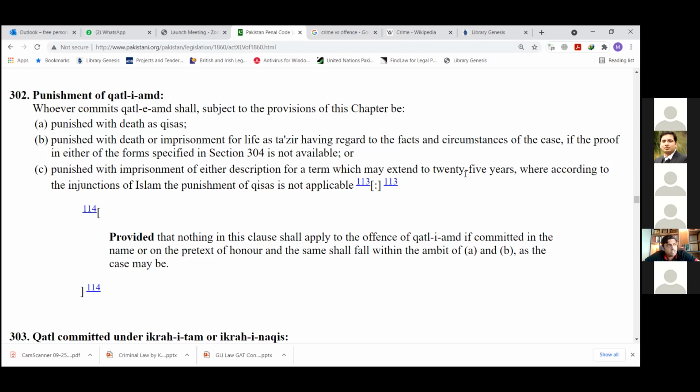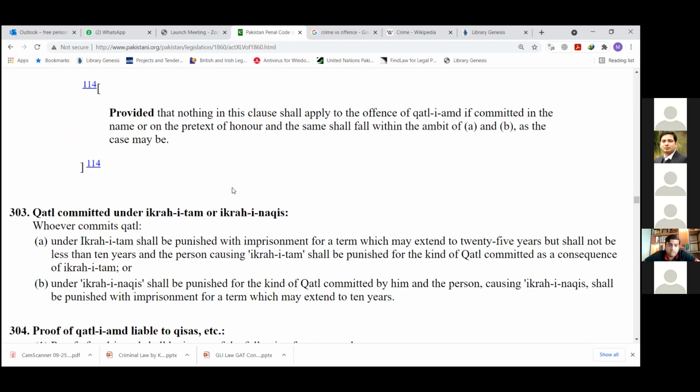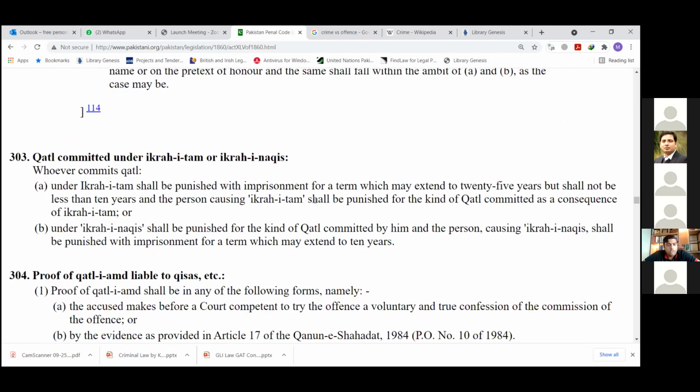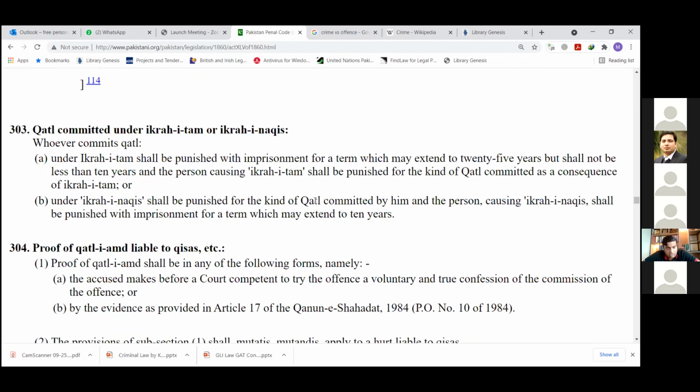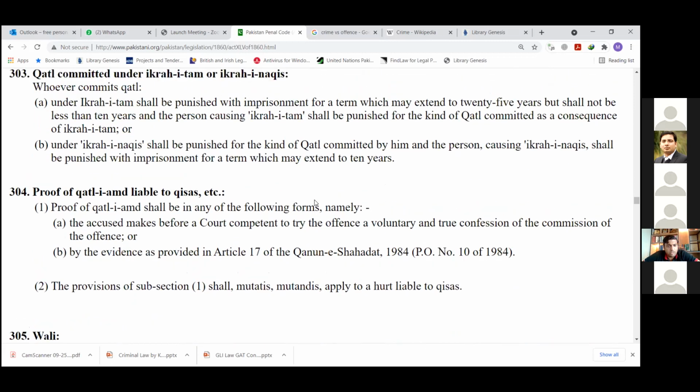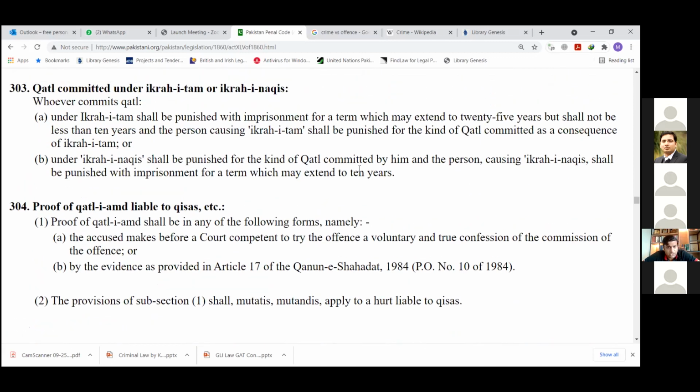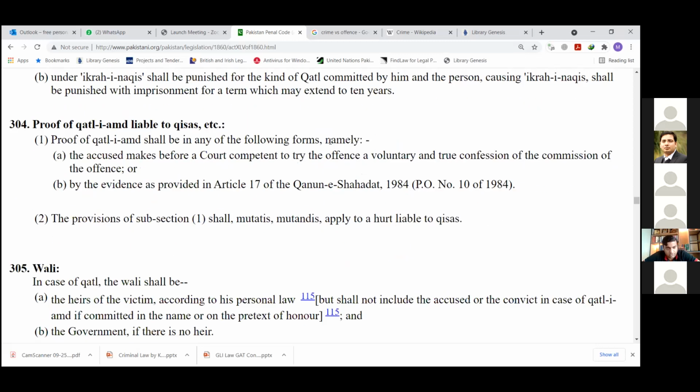These three subsections have whole jurisprudence behind them, and there are a number of judgments explaining their scope. The next kind of qatl is qatl committed under ikrah-e-tam or ikrah-e-naqis. Ikrah-e-tam is punishable with a term of 25 years, while ikrah-e-naqis shall be punishable with imprisonment which may extend to 10 years.